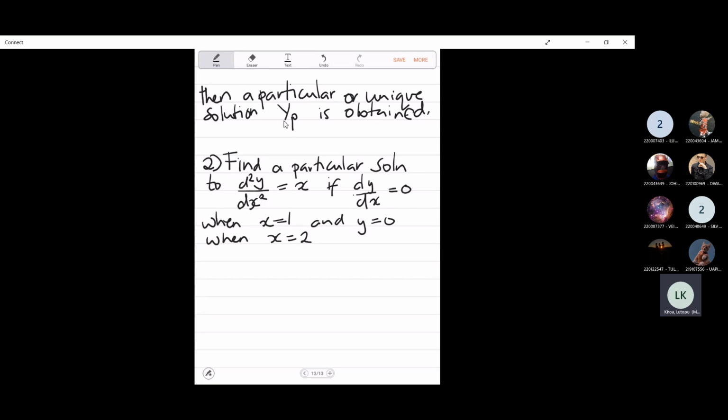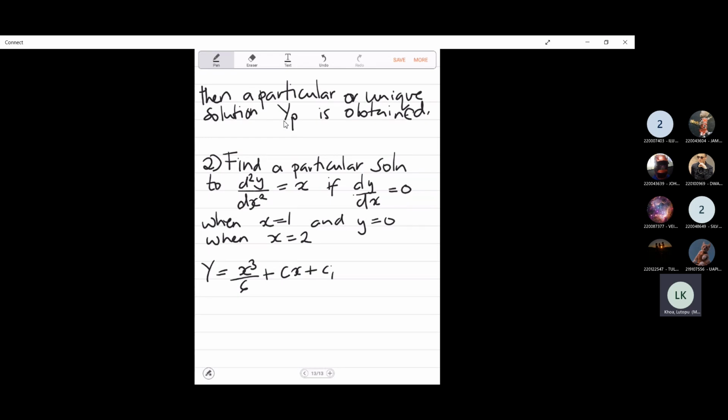Okay, so you can see this is the same question as the one we did previously. Now we want to solve for C and C1. So it's just a matter of substituting. We already have our general solution: y is equal to x to the power of 3 over 6 plus cx plus c1.